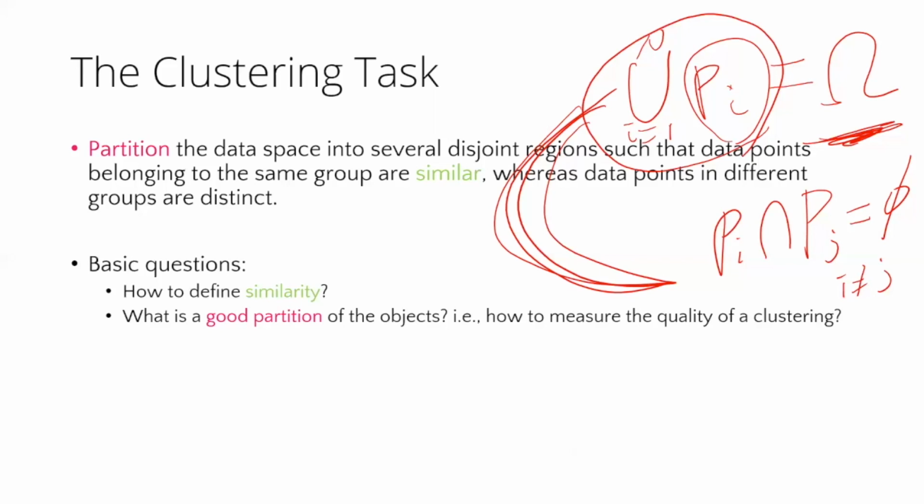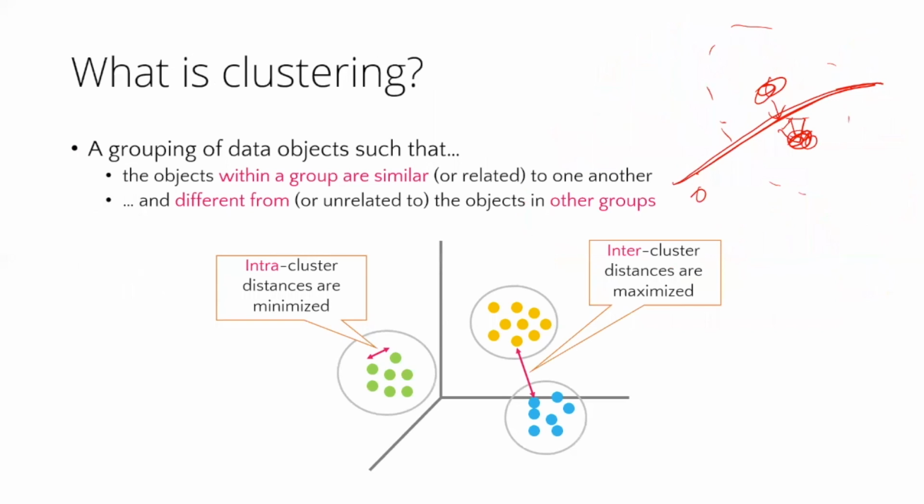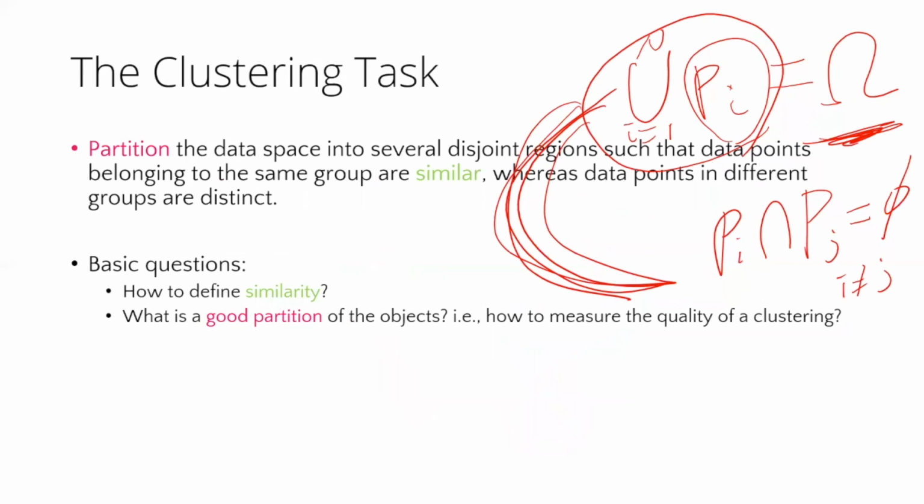And of course, while satisfying these two conditions, we want to promote smaller intra-cluster distance and bigger inter-cluster distance. That's roughly what clustering is all about. Regarding that, some questions arise. First is how to define the distance.